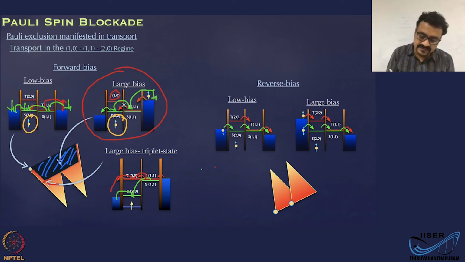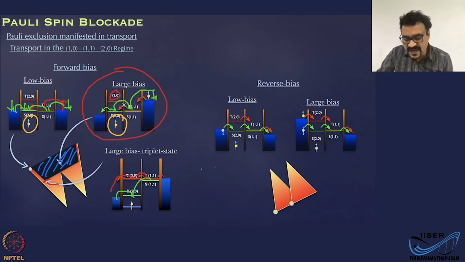Now, when you have large bias, both the spin down and spin up electrons can go, because these states are pretty close in energy. There are two states there, the green and red lines. They are pretty close in energy. They can take both the up state and also the down state in the large bias case. So in either case, the transport is never blocked in this situation.